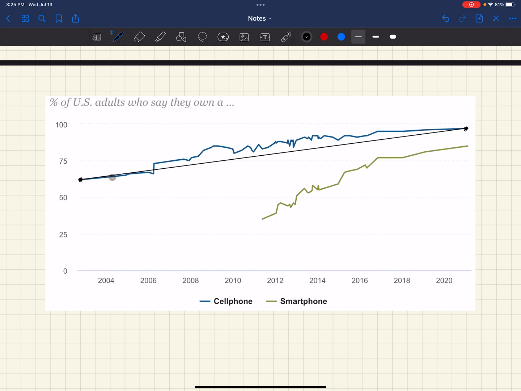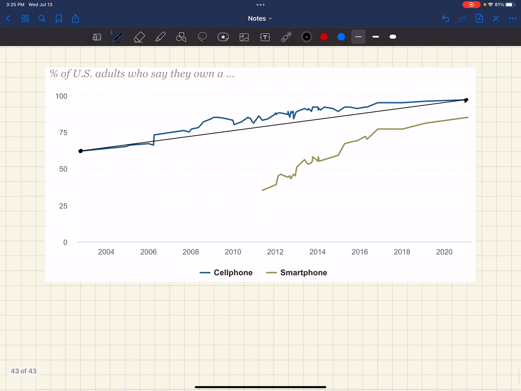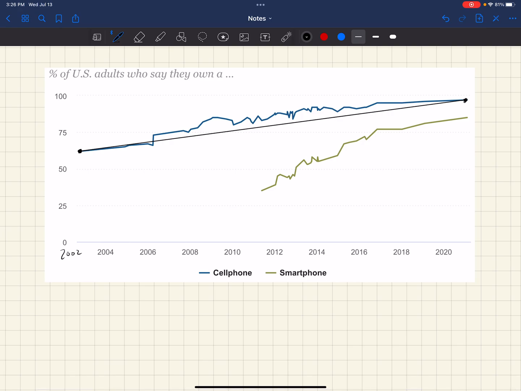Obviously, it's not a perfect straight line, but for the sake of the project, you can use this graph if you wanted to. I'm going to show you guys how I would actually do that. I think that looks like 2002. So that's going to be 2002, and I think that's 2021.